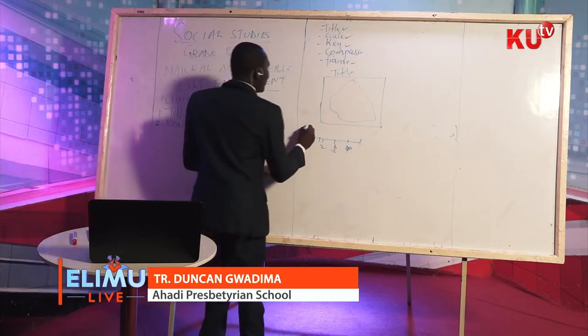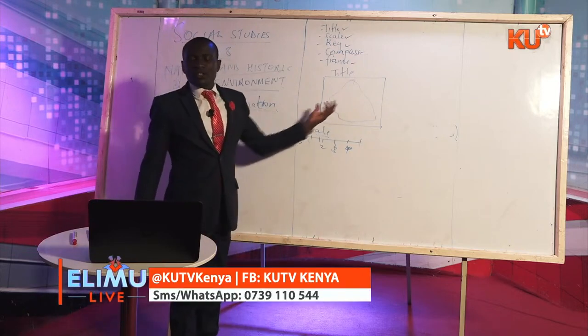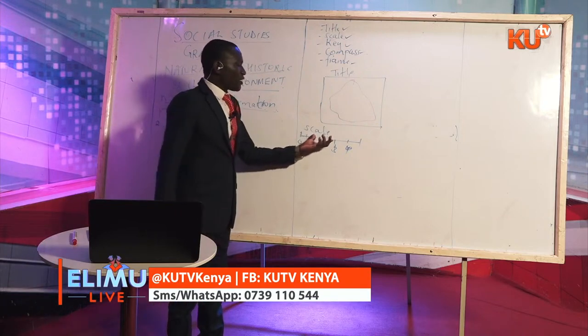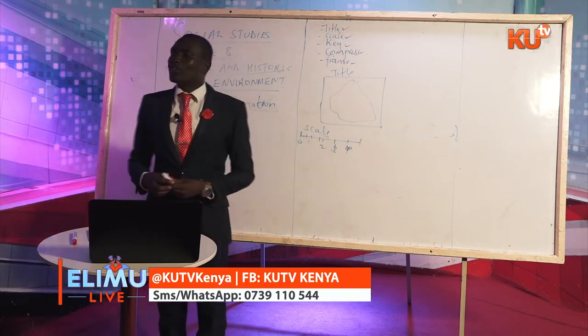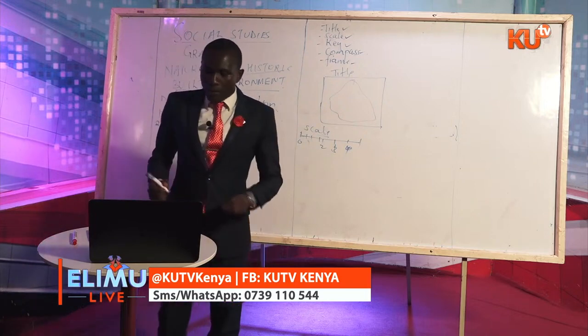It is not written inside the map. So the scale becomes our marginal information because it is not written inside the map.